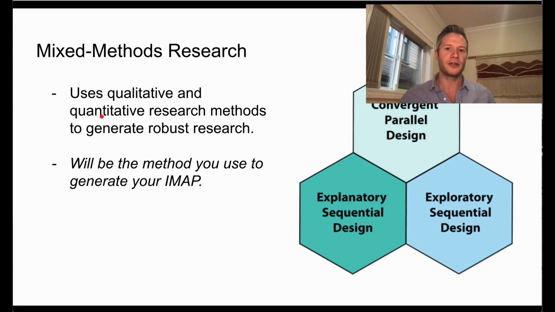Okay, how do we integrate these two things? And again, we'll have a more detailed lecture fully on this, but to introduce this concept and this framework for you right now, let's do that just so we can get the ball rolling. Okay, so ultimately at the end of the day, you're doing a mixed method research for your IMEG, right?